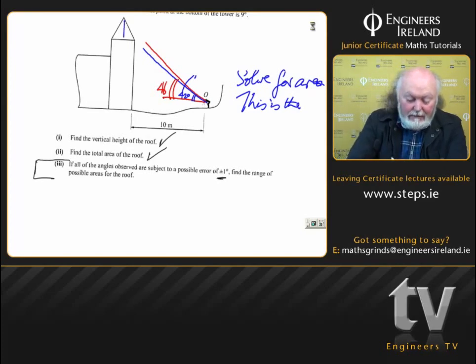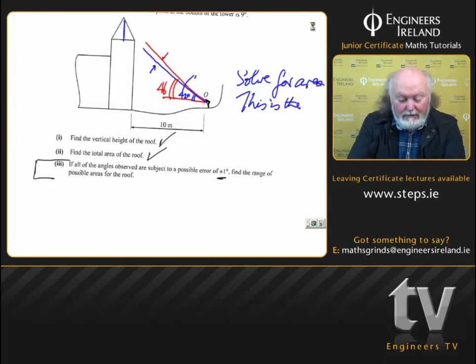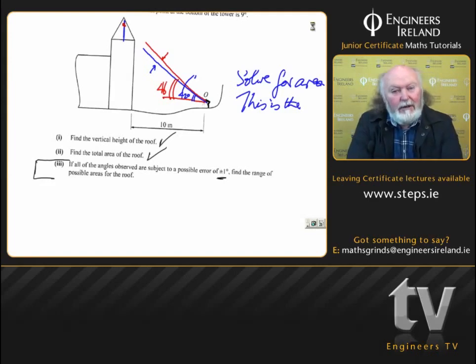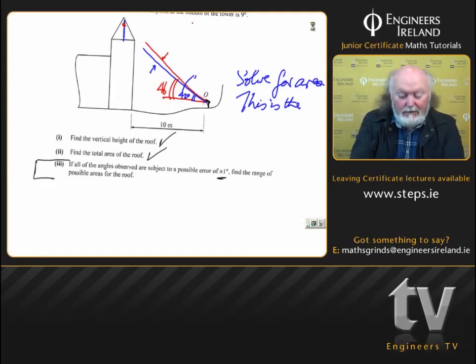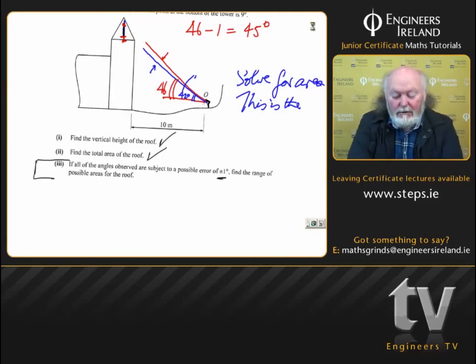Again, the vertical height is worked out by the two angles, by this angle and the one causing this. That vertical height, if it became smaller, if it dropped down to here, you would get a smaller area for the roof. So that would be when 46 has 1 degree taken from it. If the base pushes up, we have now finished up with a very small vertical height to the roof.